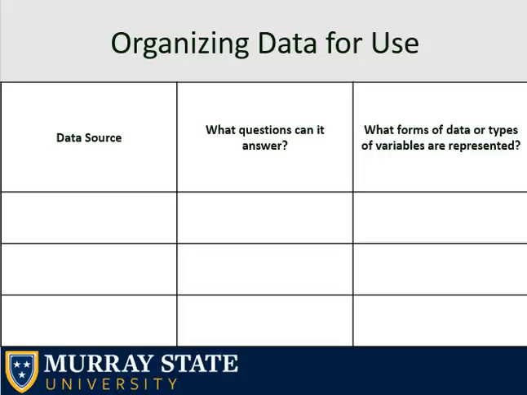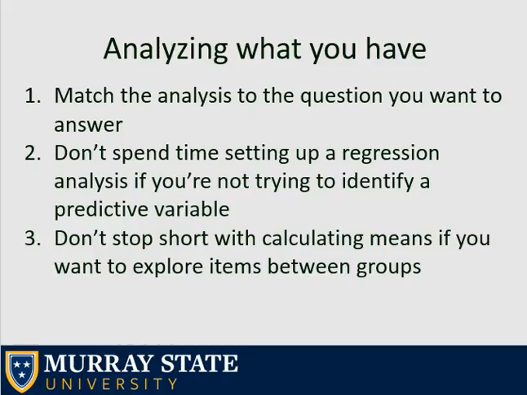And then what forms of data or types of variables are represented? So think back to ADM 630 when we talked about different forms of data in terms of ordinal or categorical or nominal. What's represented there, because that ultimately will help us when it comes to analyzing our data.